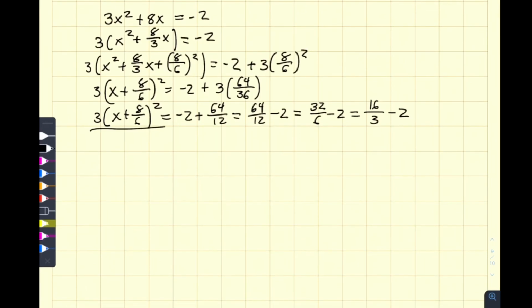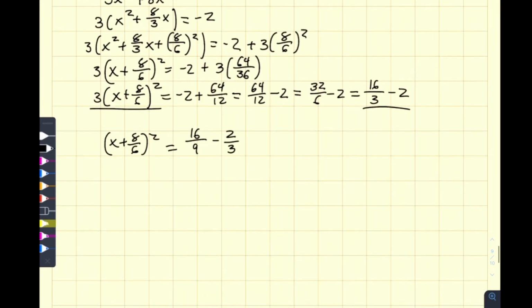Now, I will have to divide 3 from both sides. So I'm going to be using this one and this one from now on. So this will be x plus 8 over 6 squared equaling 16 over 9 minus 2 over 3. And now I need to take the square root of both sides.